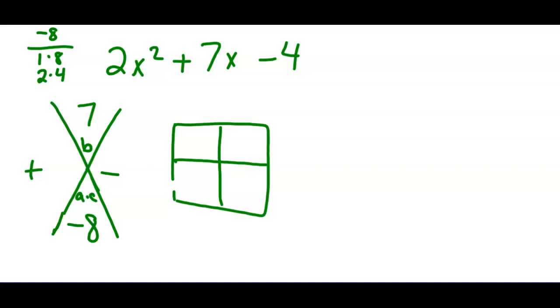Or theoretically subtract if they're opposite signs? 1 and 8, right? So if it has to subtract to a positive 7, which one has to be positive? The 1 or the 8? The 8, right? Because 8 minus 1 is 7.